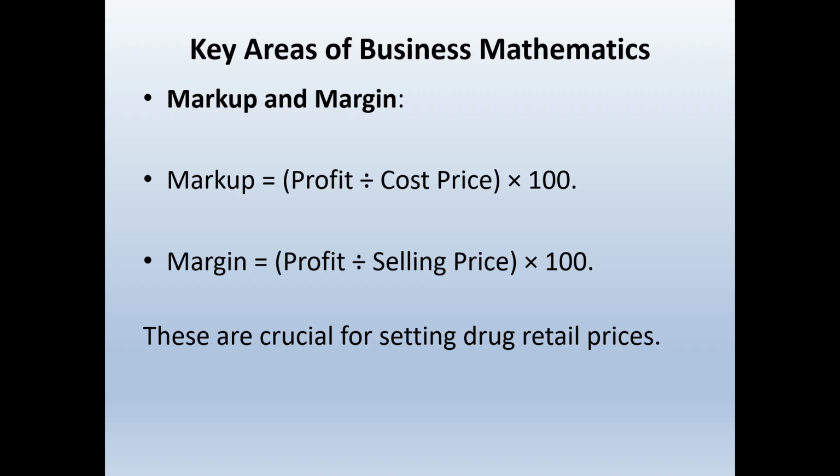So when you do profit divided by cost price times 100, you now know, okay, this is the cost price I have for this product, so let me sell at this particular price. When I sell at this price, this is the percentage gain I will make from it. So these two areas are important in business mathematics, and they help us in setting drug retail prices.